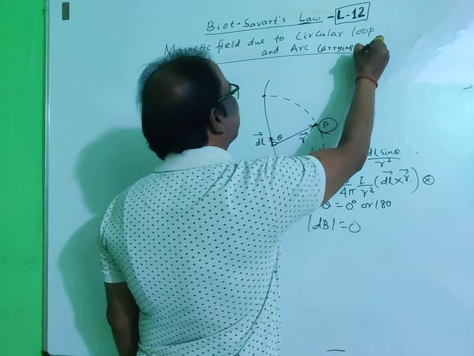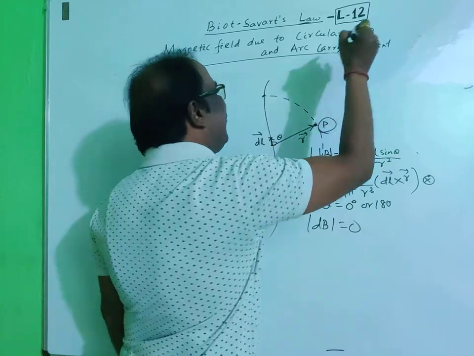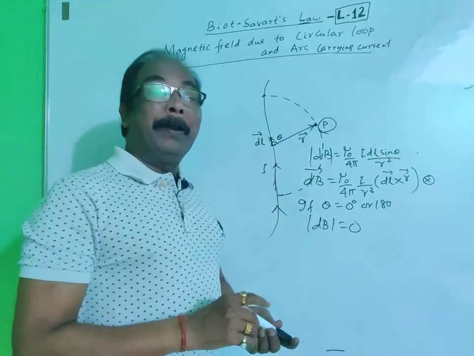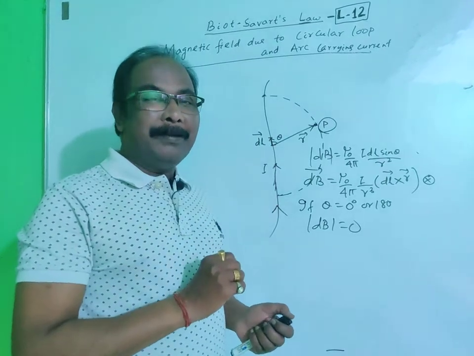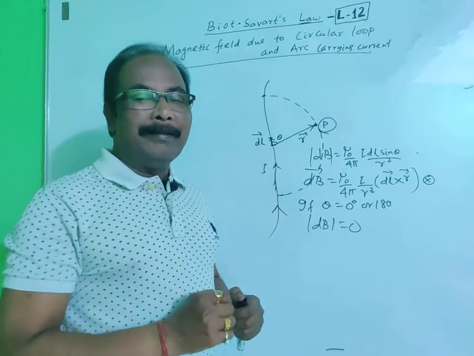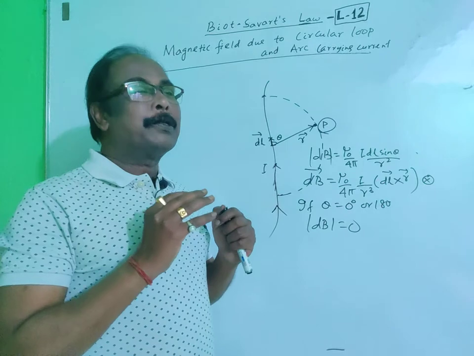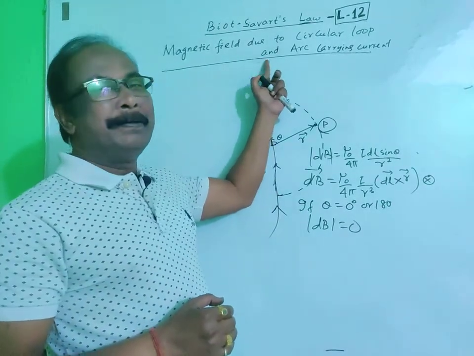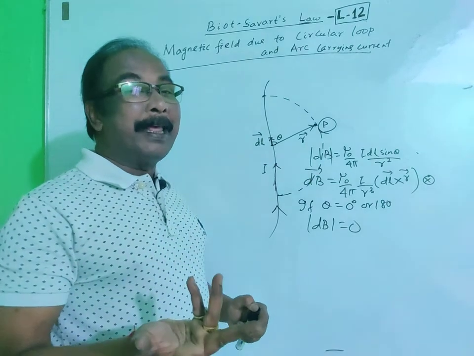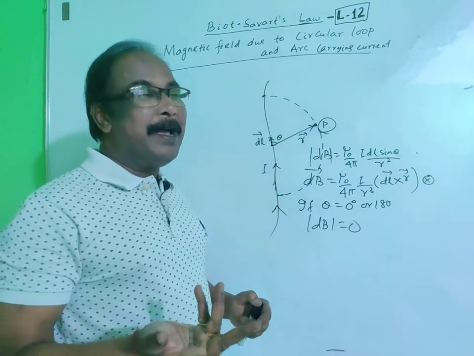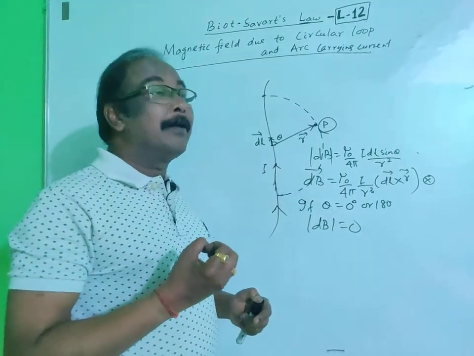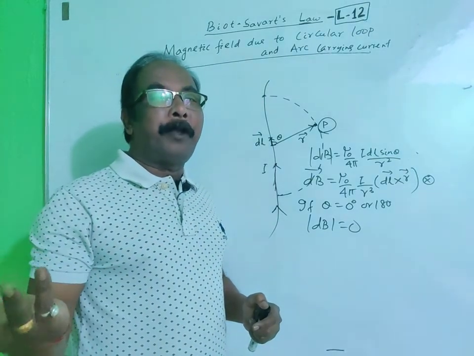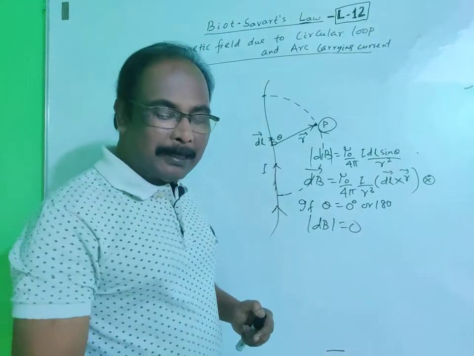We will go through the derivation first, then some numericals on the basis of this theory, and of course we may use the formula of the previous theory, the magnetic field due to a straight current carrying conductor. We will discuss all gradually.